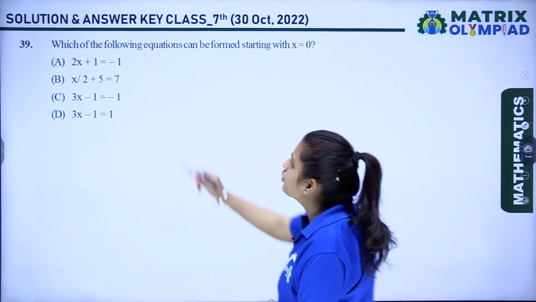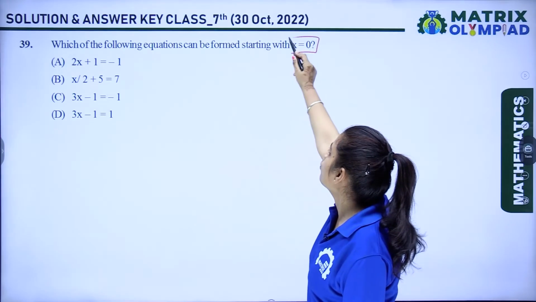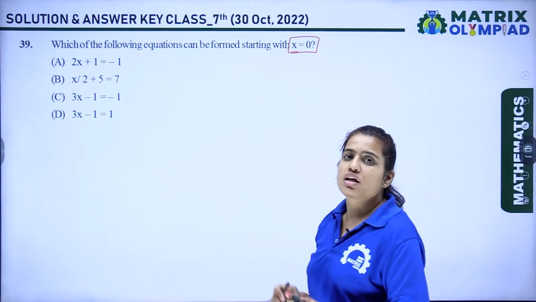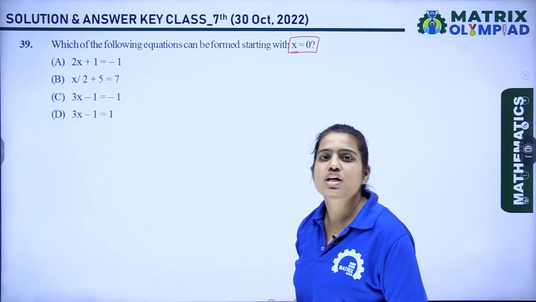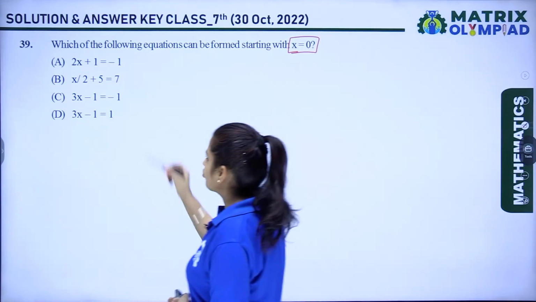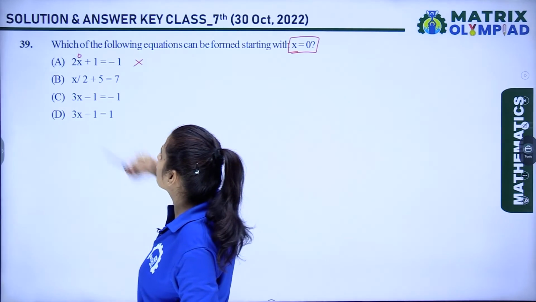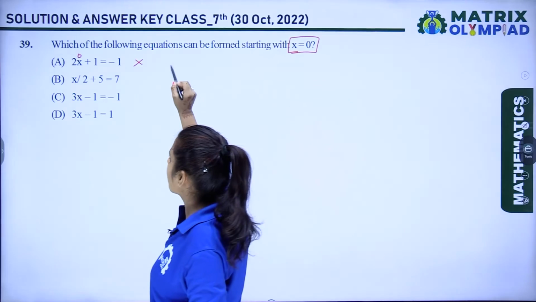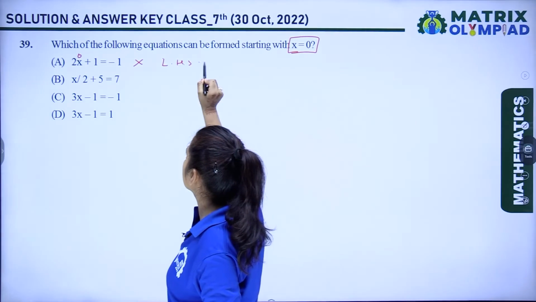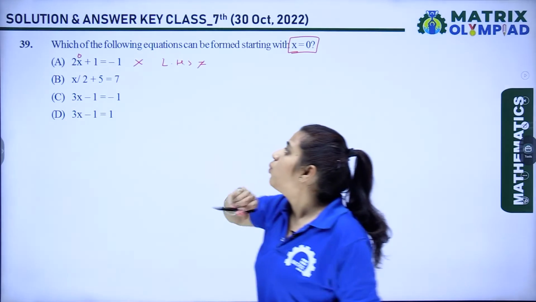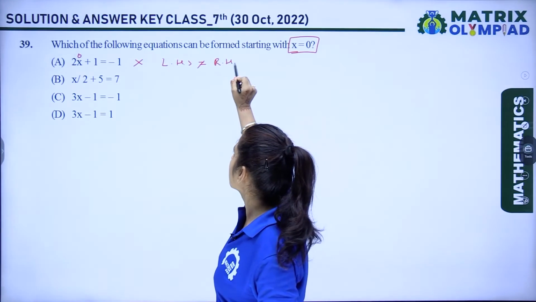Next question: which of the following equations can be formed starting with x equal to 0? So we can use this value x equal to 0 and find out whether LHS is equal to RHS or not. So putting the value of x equal to 0, LHS is equal to RHS is not satisfied here, as 1 is not equal to minus 1.